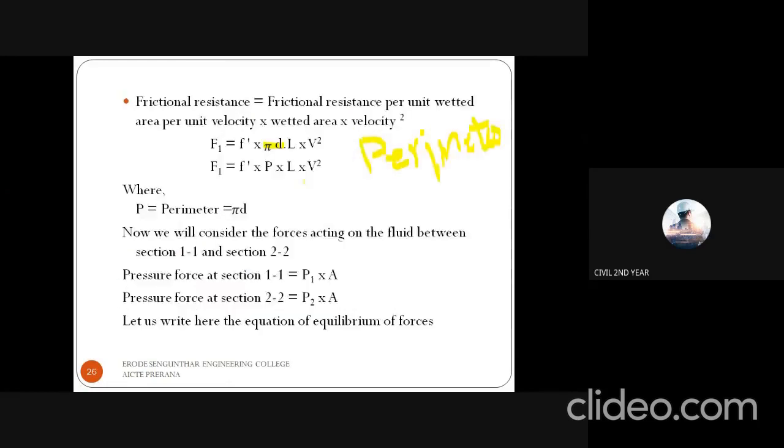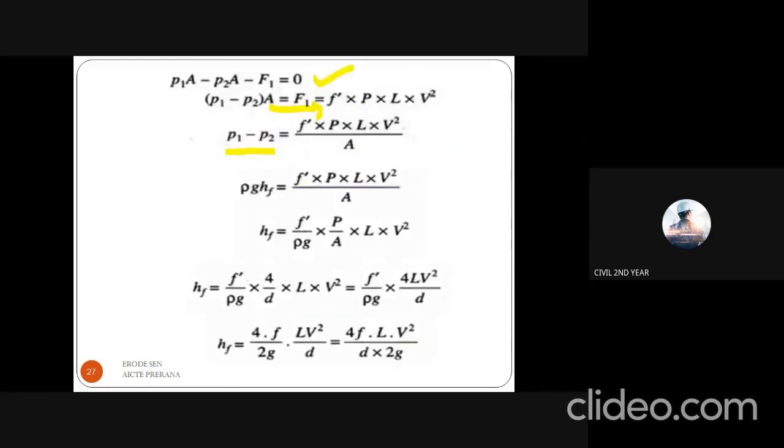So replace the formula here: P1 minus P2 is replaced as rho g into hf, and we replace it by the previous value, f dash P into L into V square by A. Now keep hf alone on the left hand side, which is equal to f dash by, bringing rho into g to the right hand side so it becomes the denominator, f dash by rho g into P by A into L into V square.